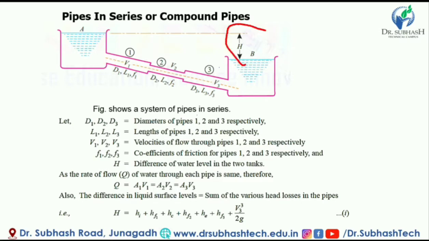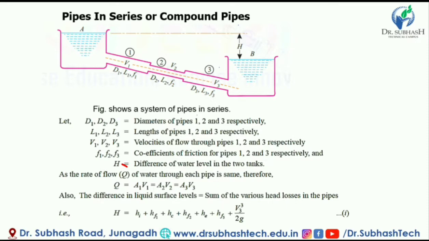So capital H is the total loss of head when the flow passes through these three pipes in series. Now we know that the discharge is constant in all three pipes when connected in series.